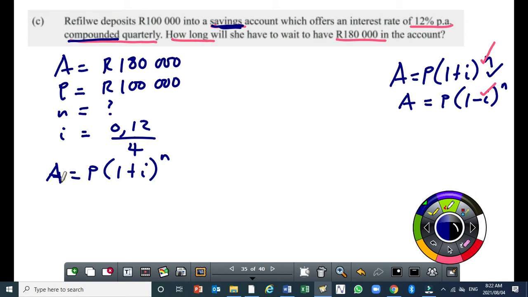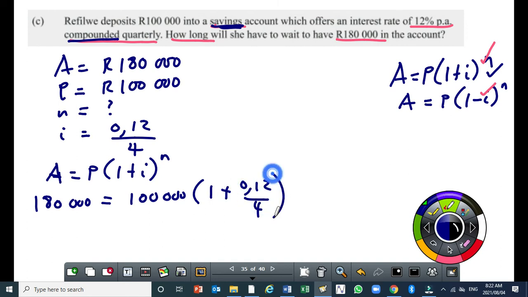Then you substitute. So we have 180,000 is equal to 100,000 times 1 plus 0.12 over 4, all raised to the power of n. That's what you're supposed to have. If you've got correct substitution and the correct formula, you give yourself a tick there.